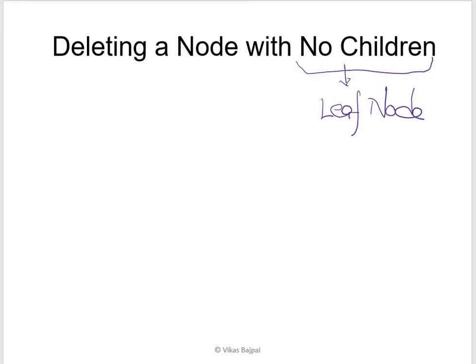Let's take one example. Let's take one random example. Let's say I have a node like this, then I'll have something which is lesser than this.